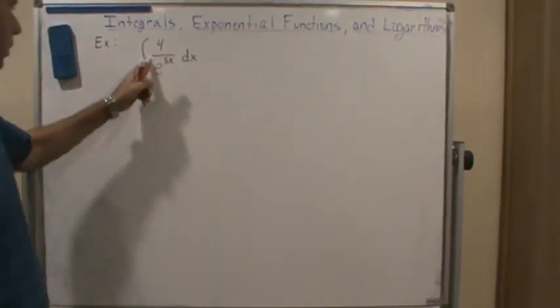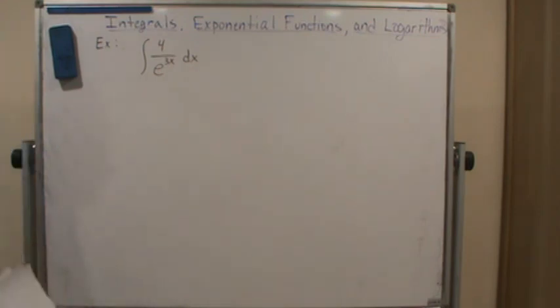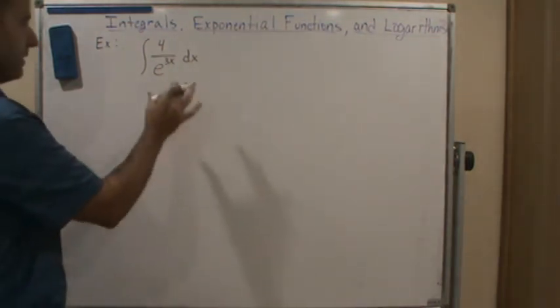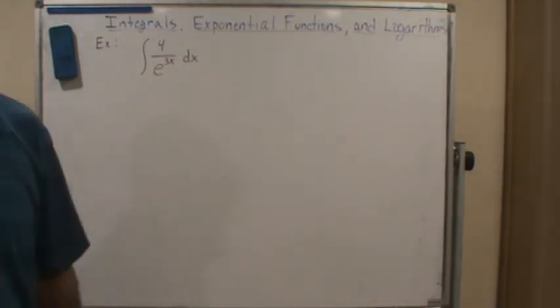So do the integral of 4 divided by e to the 3x dx. So again, use the properties of exponents and then integrate using what we know about integrating natural exponentials. That's it. See you next time.